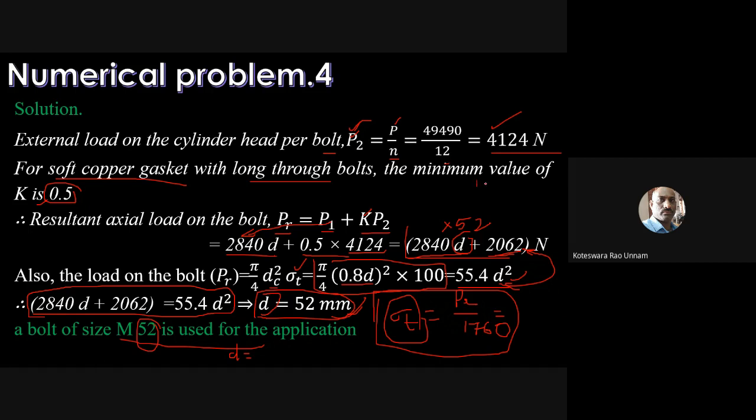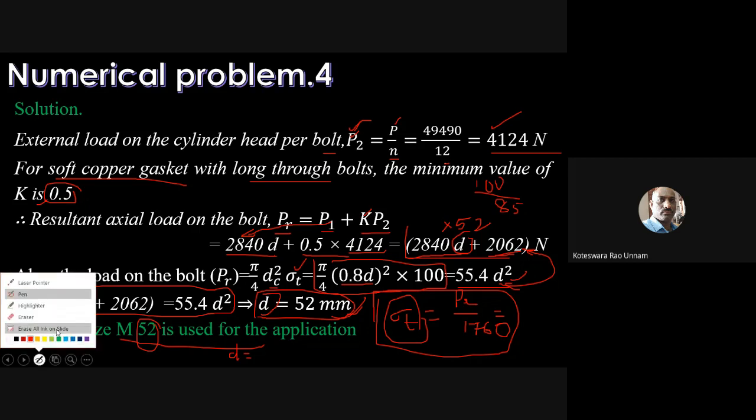Allowable stress is 100. 100 divided by 85, 1.17 is going to be the factor of safety. That means it's okay, it's fine. So you can say that your design is safe.